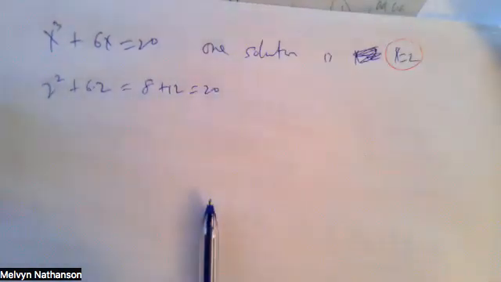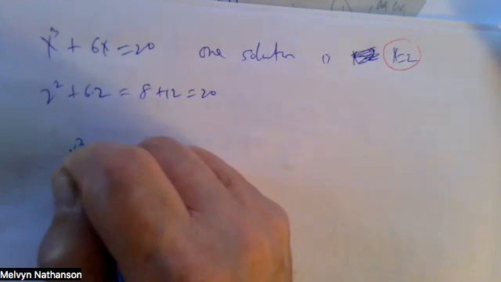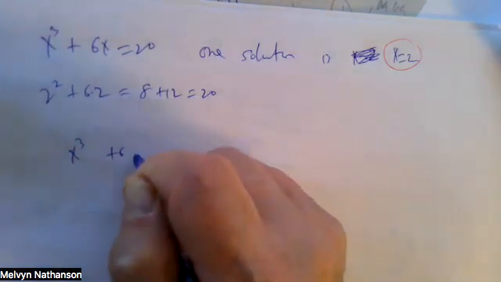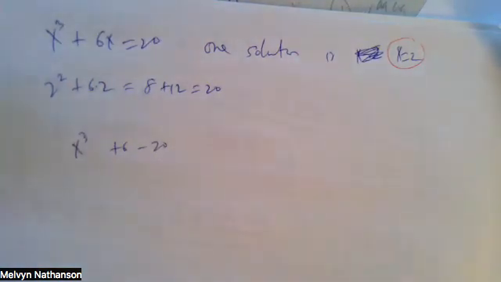So one solution is x equal 2. Now, a cubic equation you expect might have 3 solutions. If I take x cubed plus 6x, this is the same as x cubed plus 6x minus 20 equals 0.